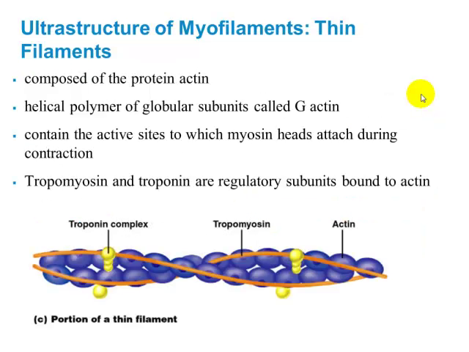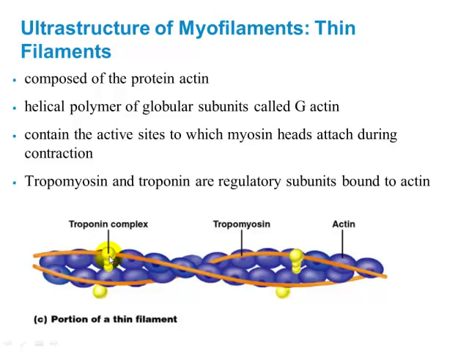Now there are two other proteins I haven't yet mentioned that are going to be important here. One is called tropomyosin, and the other is called troponin. And troponin is actually a complex. These are located on the thin filament as well, and they are proteins that act together. Troponin is usually shown as a complex of several molecules, and it acts almost like a bracket.